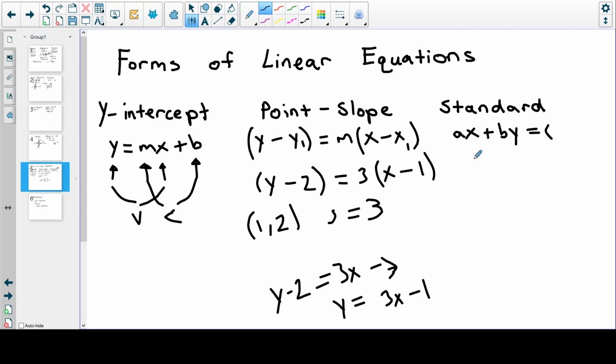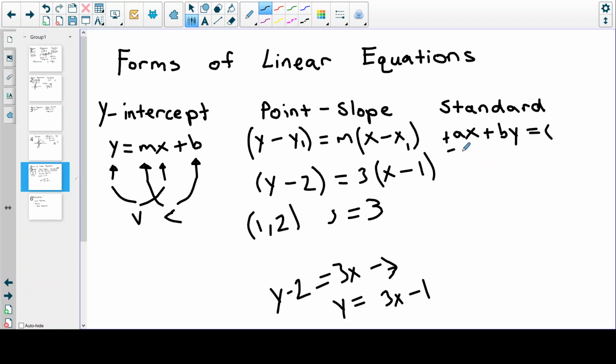Now the last one, standard, is basically a neat way to put a linear equation into a form. If you wanted to convert this, also remember that this first term is always going to be positive. So if you have a negative term there, you've got to divide through by negative 1 to get a positive term. But to convert this to y-intercept, say if you want to graph it, usually when you encounter standard form, they're going to give you a standard problem, and you have to convert it to y-intercept because you want to ultimately graph it.